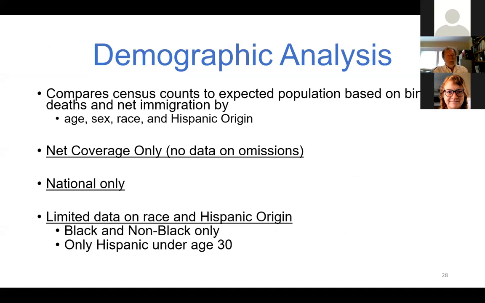That's because historically, on birth and death certificates, that's the only race category they coded consistently. Data for Hispanics are only available under age 30 because it wasn't until 1990, 30 years ago, that birth certificates in particular started coding Hispanics regularly. Next slide.